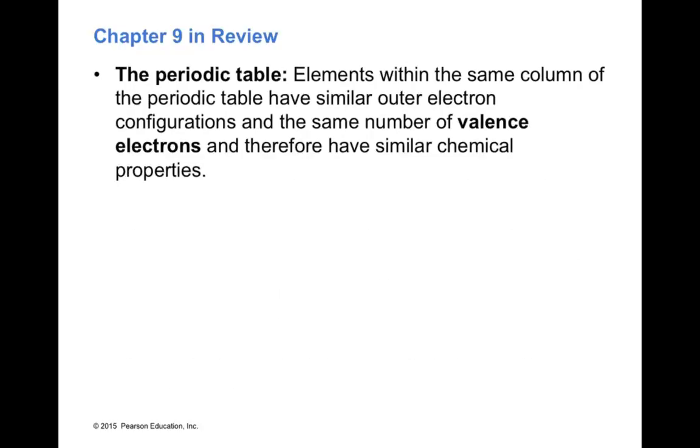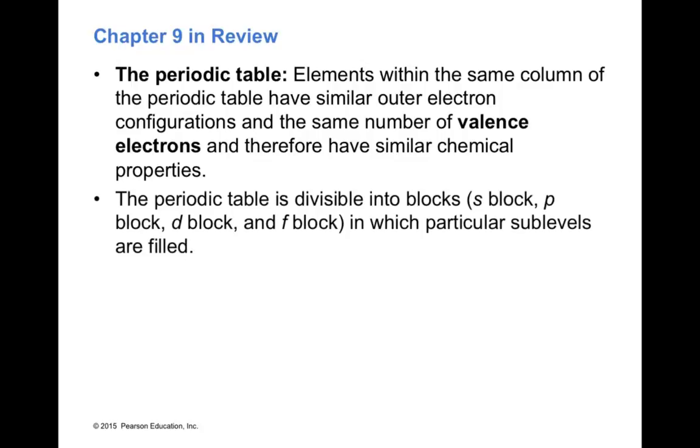The periodic table: elements within the same column of the periodic table have similar outer electron configurations and the same number of valence electrons, and therefore have similar chemical properties. The periodic table is divisible into blocks, the s block, the p block, the d block, and the f block, in which particular sublevels are filled.